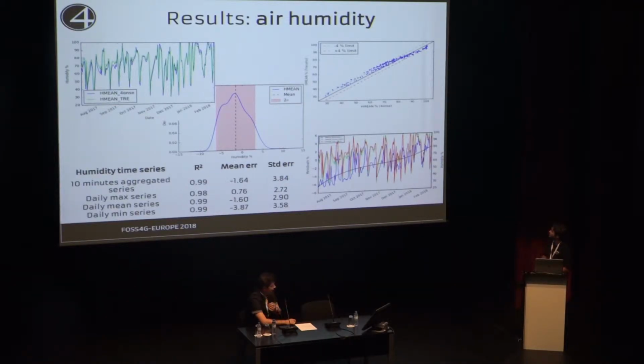Otherwise, when the humidity is below 70%, the sensor underestimates the value. So there is this dual behavior. And also for this parameter, the residual seems to increase during the winter, or during time.